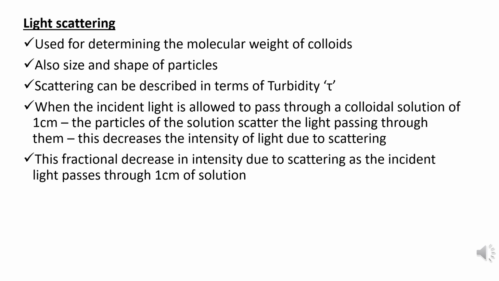This decrease in the intensity of light is called turbidity, represented as tau. Higher turbidity means more scattering. If the light scattering is more, it will show higher turbidity.